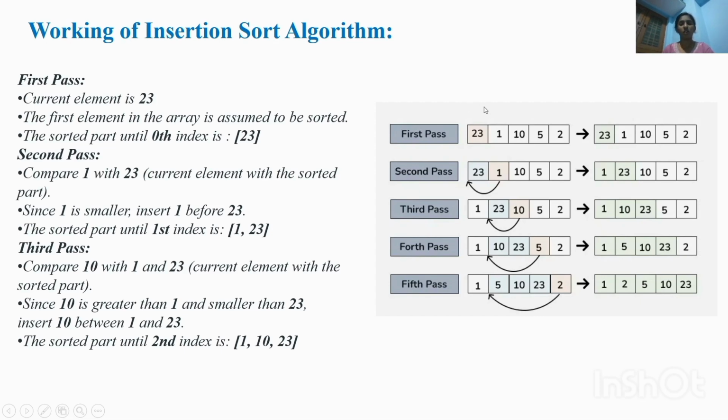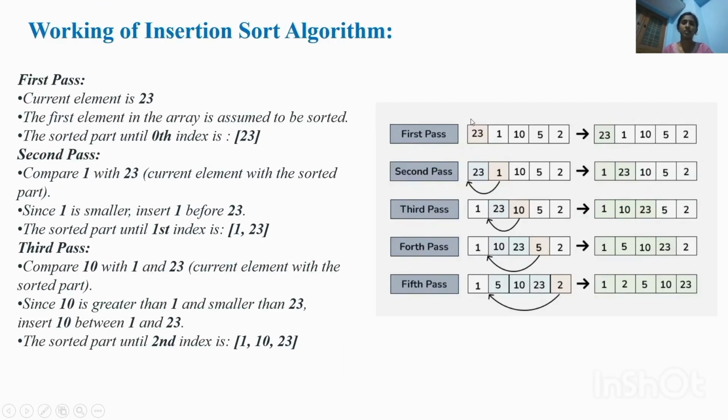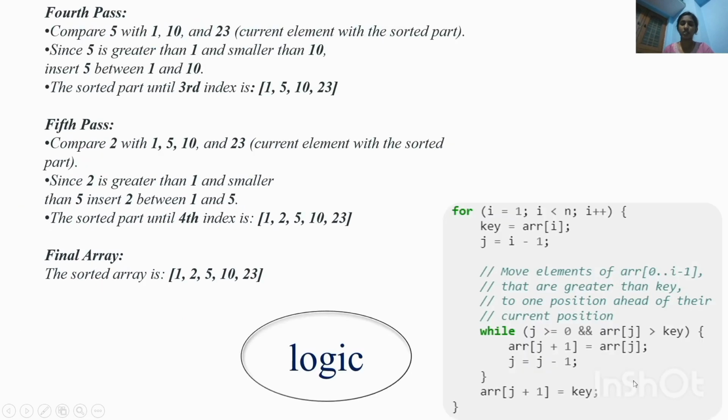We can call it a temp value also. And j will be i minus 1, so j will be the 0th index. Here i is 1, so j is 1 minus 1, which is 0.